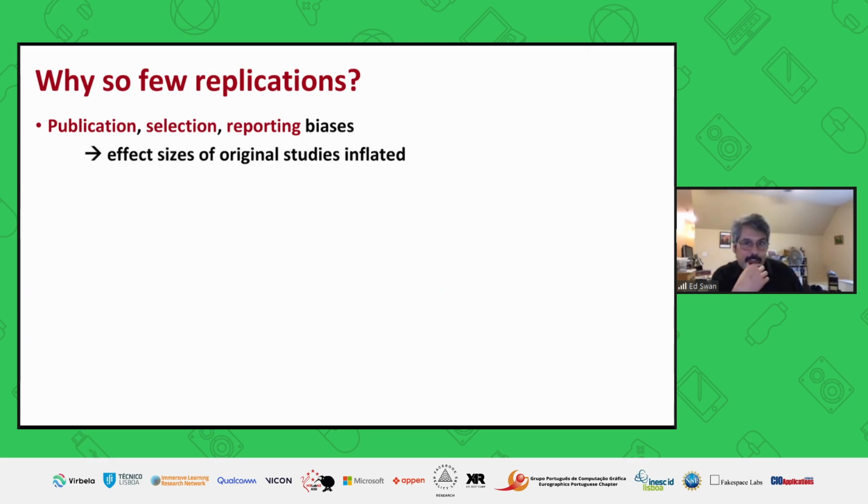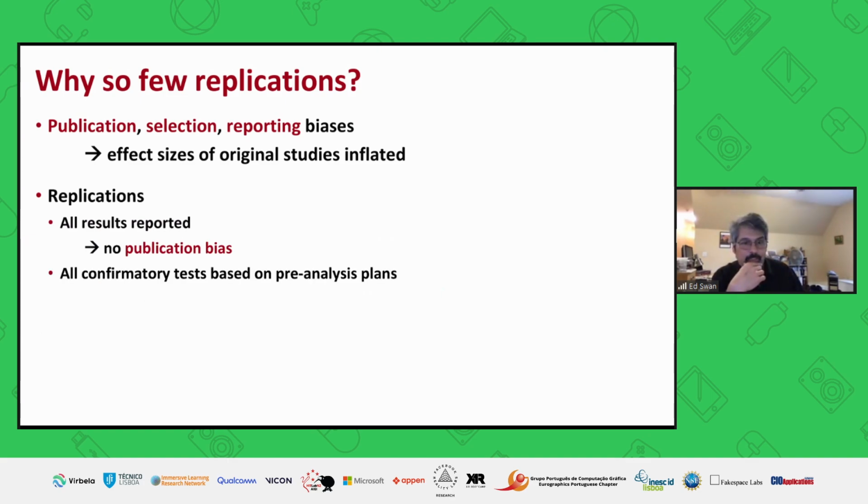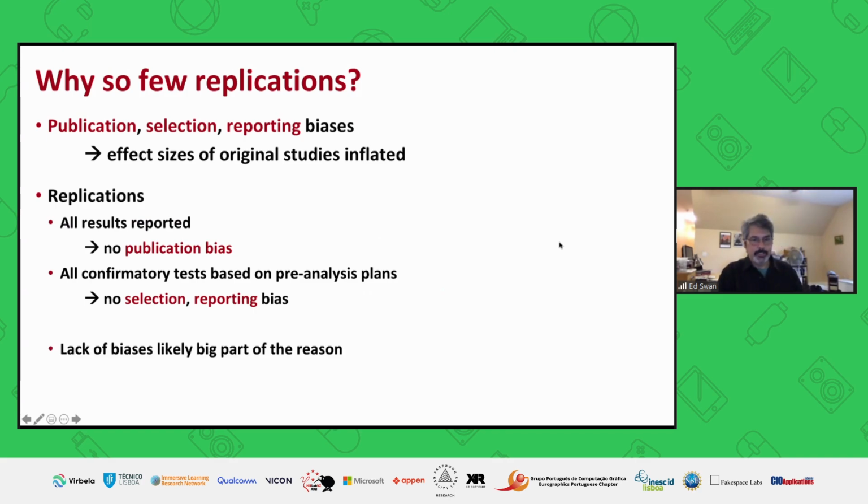Therefore, the effect sizes of the original studies were inflated. The replications, on the other hand, all results were reported, so there's no publication bias because they're all reported. All confirmatory tests are based on pre-analysis plans. So that means there is no selection and no reporting bias. So the structure of the replications took into account all of these biases. No publication bias, no selection, no reporting bias. So the lack of biases is the big part of the reason why there were so few replications.